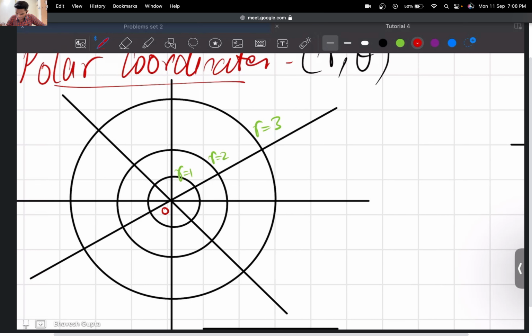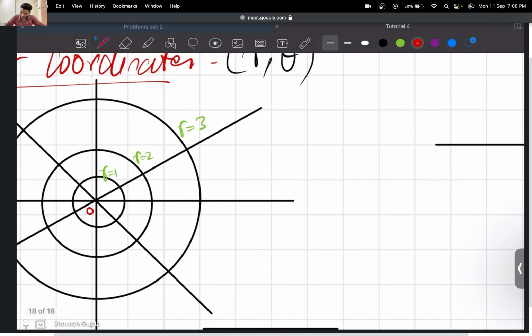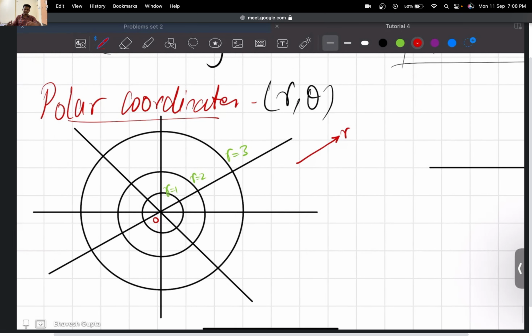So we have one coordinate axis, r, going outside, away from the origin, and there is another coordinate in terms of angle, which goes in a circular way along the circle. The first coordinate tells you which circle, and the second coordinate tells you where on the circle.